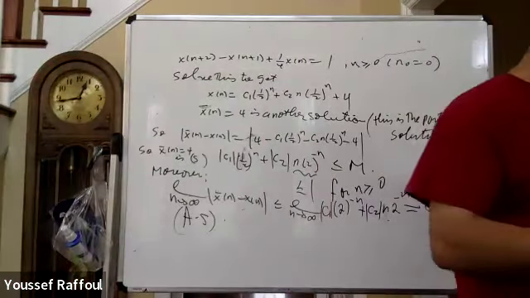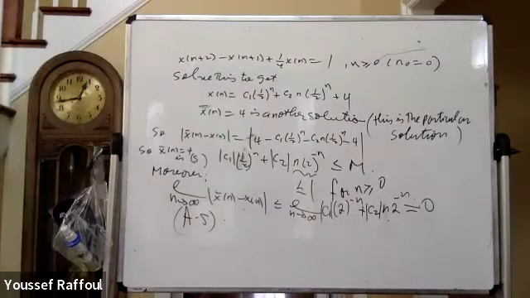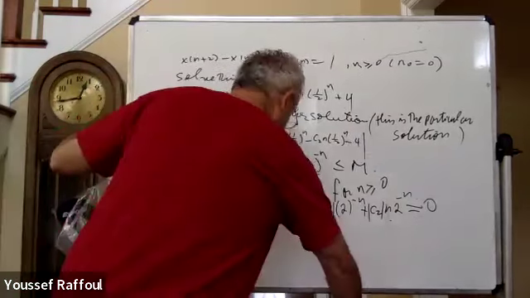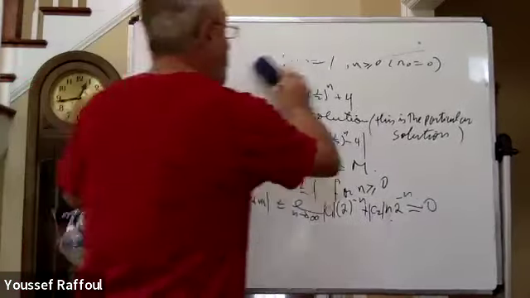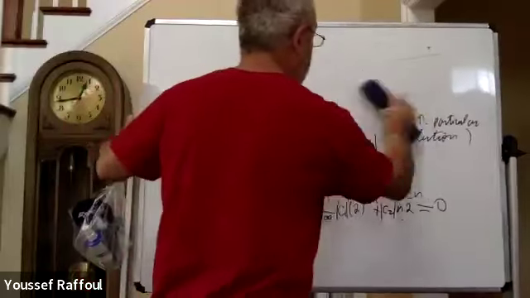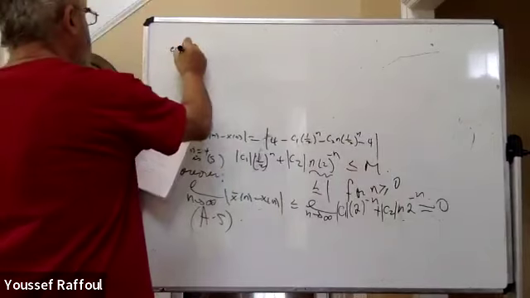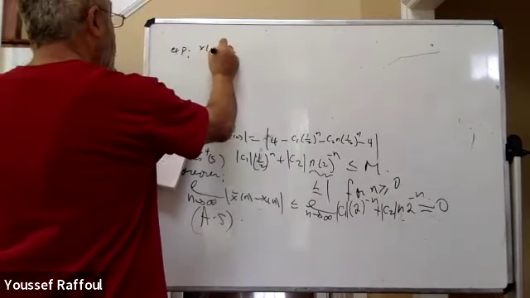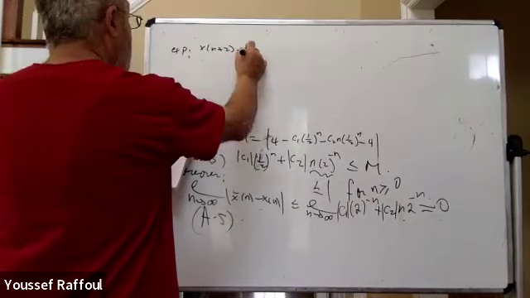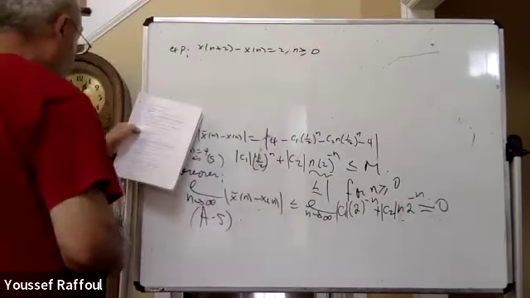You see that? Let me take a look at another example for you. Just take a look at this example first. All right, let's do another example. x(n+2) minus xn equals 2, n bigger or equal to 0.